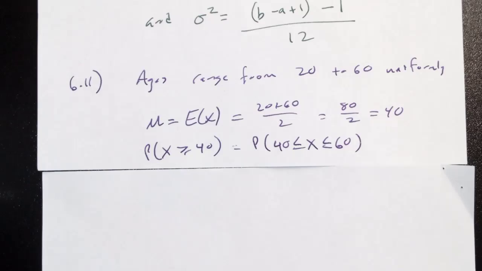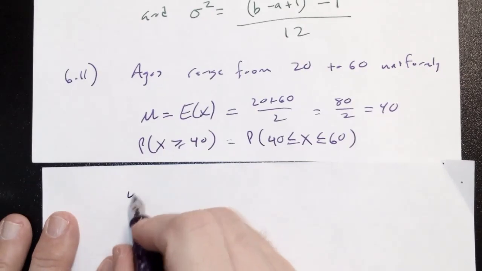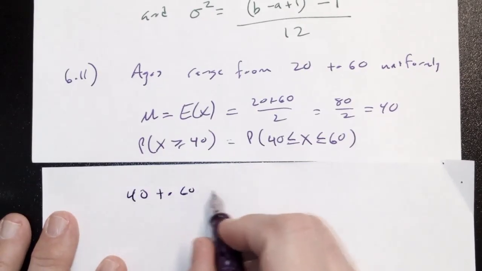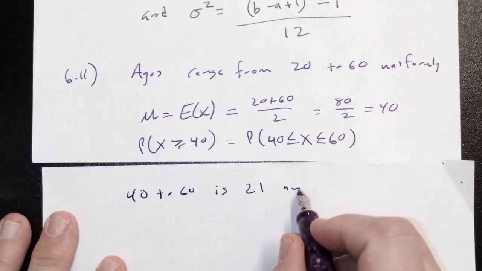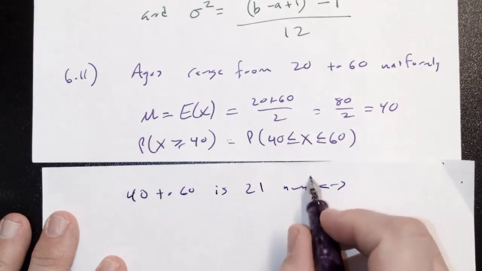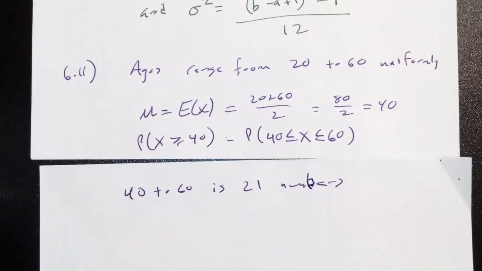How many numbers are in this range? Aha, fence post issue. There are 21 numbers in there. 60 all the way down to 50 is 11 numbers. I got to keep the ones on both ends, right? So there are actually 21 numbers. 40 to 60 is 21 numbers.